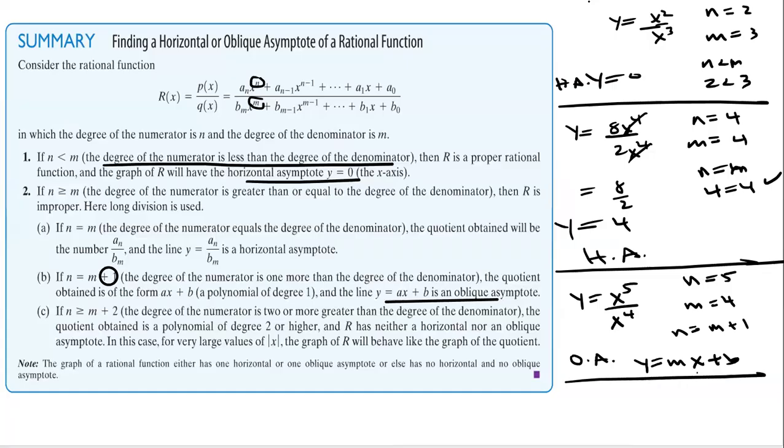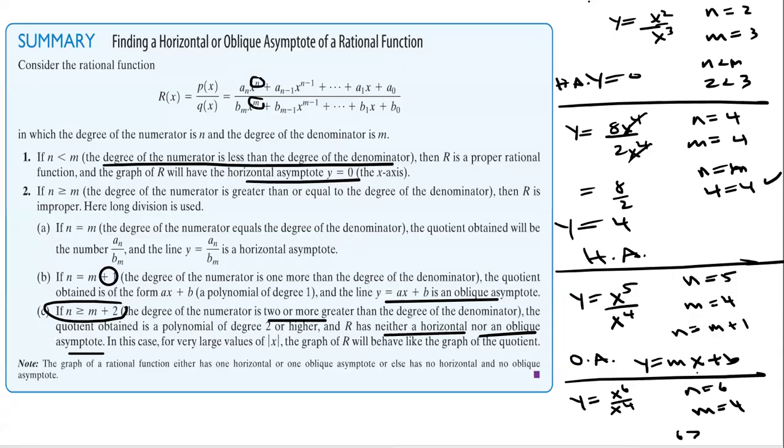All right, and then the last one here, if n is bigger or equal to m plus 2, so it's 2 or more greater, okay? Then if we had that, we have neither a horizontal nor an oblique asymptote, okay? So for example, if we have y is equal to x to the sixth over x to the fourth, right? n is equal to 6, m is equal to 4, and n is bigger than m by at least 2 or more, right?